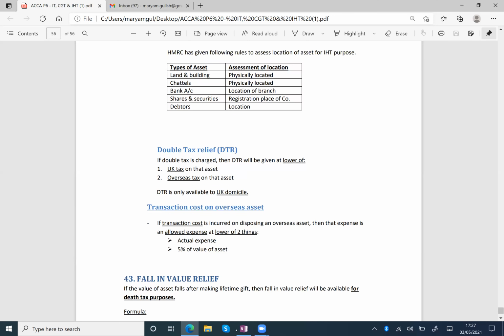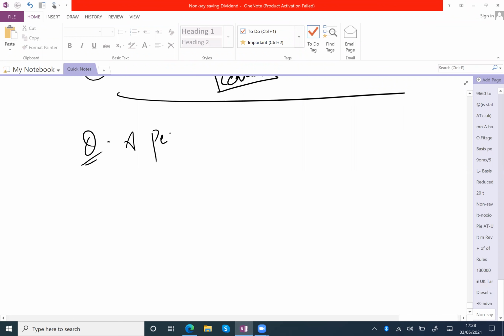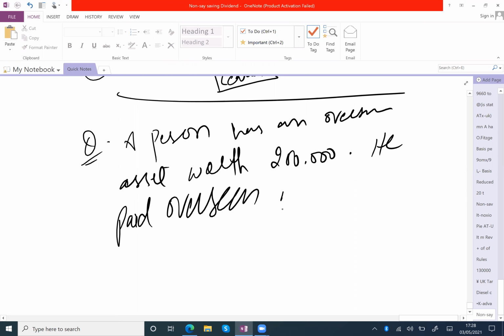So you can write down an example on DTR, a short example. For example, the question is: a person has an overseas asset worth 200,000. Now he paid overseas tax of 12,000 on it.